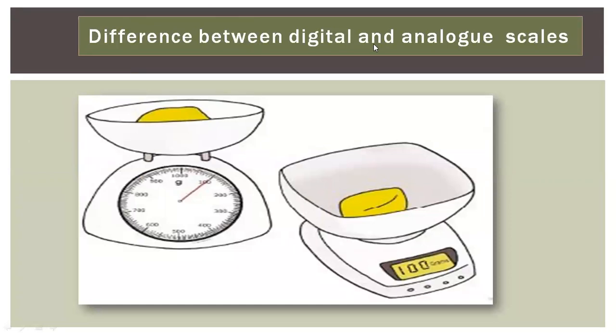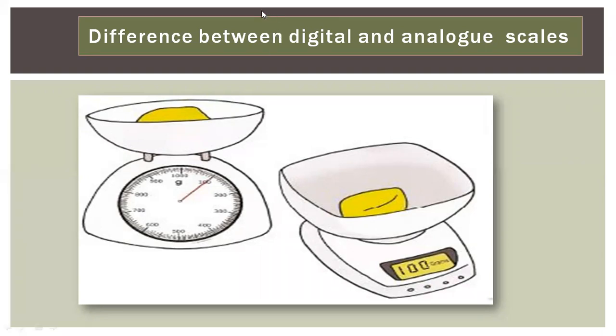Difference between digital and analog scale. So boys, you can see first there was analog scale. It used a handle, like we have analog clocks and analog watches that we wear on our wrist.